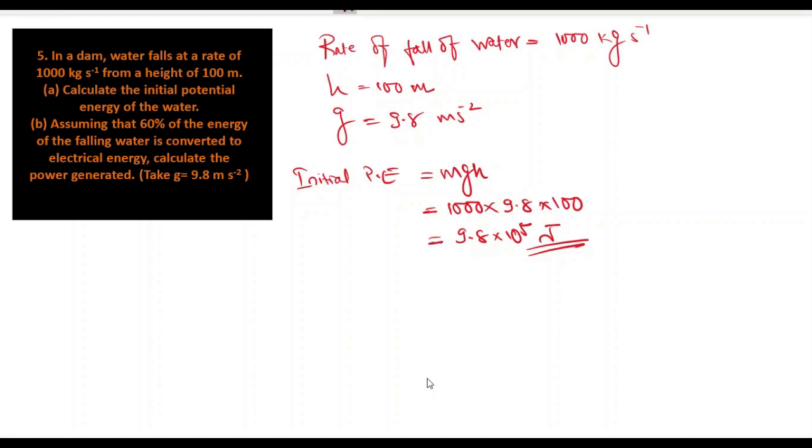Assuming that 60% of the energy of falling water is converted into electrical energy, calculate the power generated. बहुत बढ़िया क्वेश्चन. ओके, तो इलेक्ट्रिकल एनर्जी कितनी जनरेट हुई?